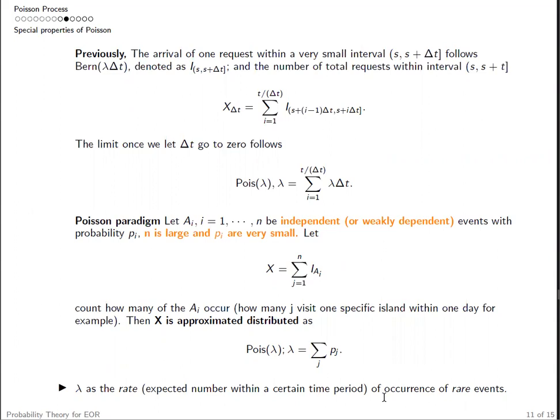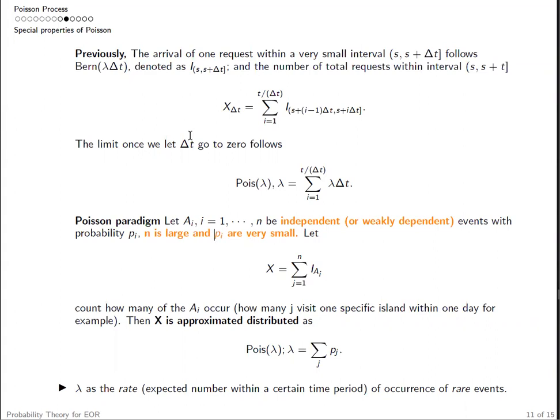And sometimes if we consider different events, they're roughly independent from each other. There are many different car accidents, and each of them only happens with very small p_i. If we sum them together and we want to know the total number of occurrences of such rare events, we can use the Poisson distribution to approximate the outcome. So this is the first special property of the Poisson distribution.